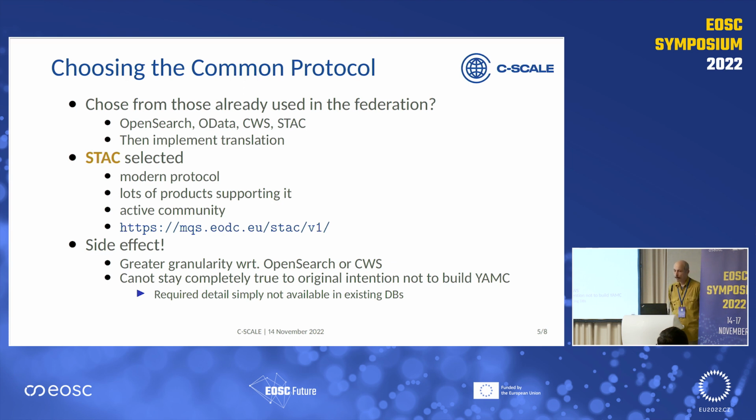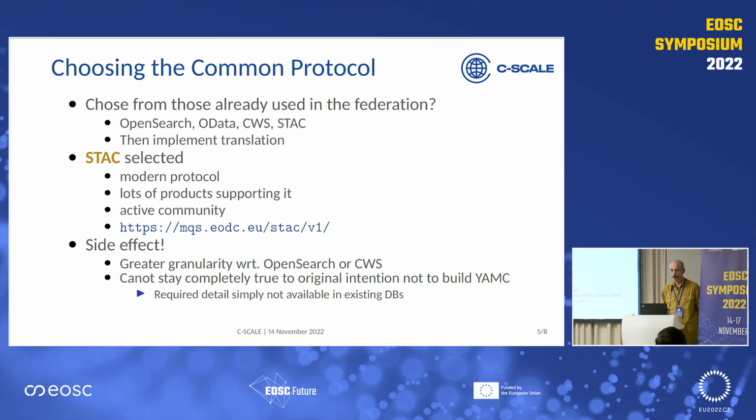And then we mandate a common interface where each partner needs to be able to provide responses to queries. We chose the spatial temporal asset catalog, STAC, which was quite a challenge for most members in the federation because this was a protocol that almost no one at the time the project started was supporting, but the community around the protocol seemed promising.